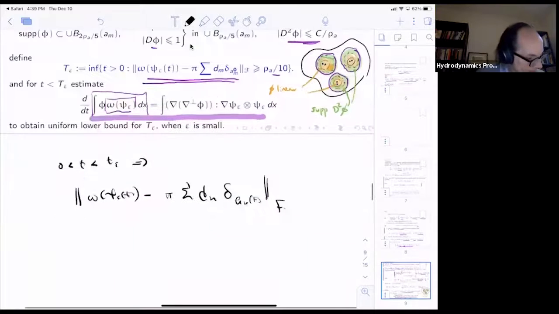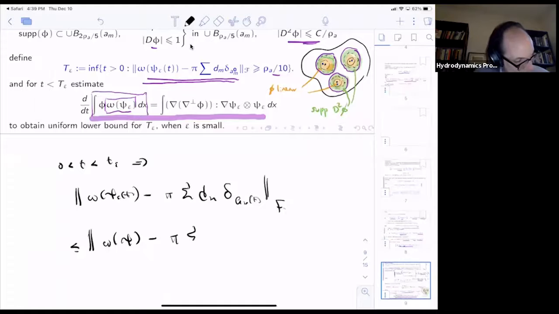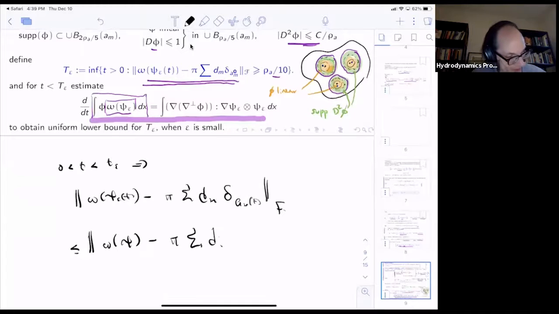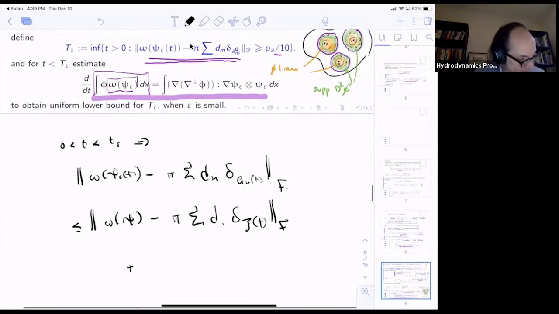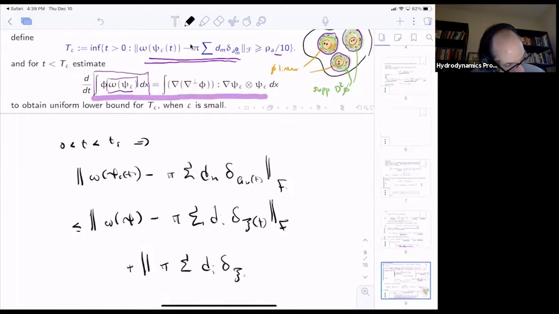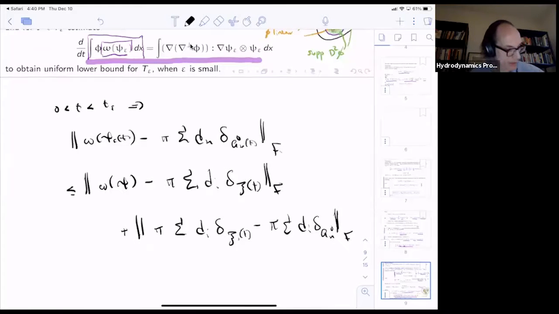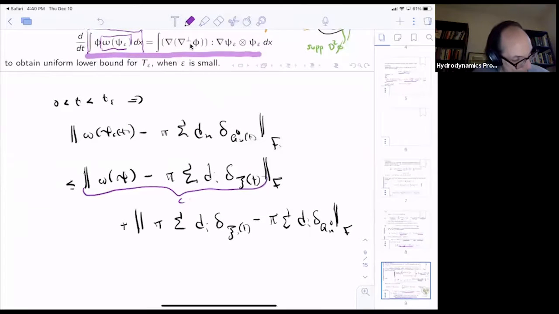Okay, this is bounded by. The earlier theorem tells me that there are these points, these c of t, which approximate the vorticity very well. Okay, and this is bounded by, this is tiny, and this we can control.